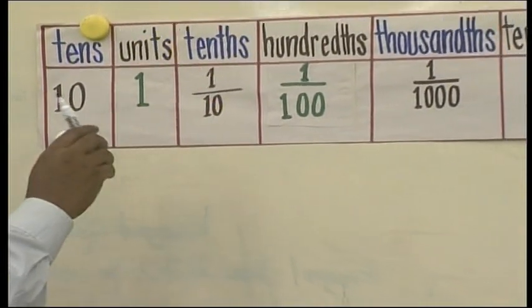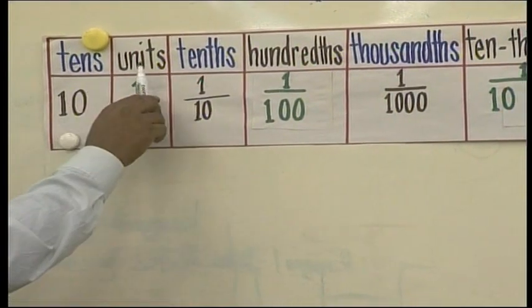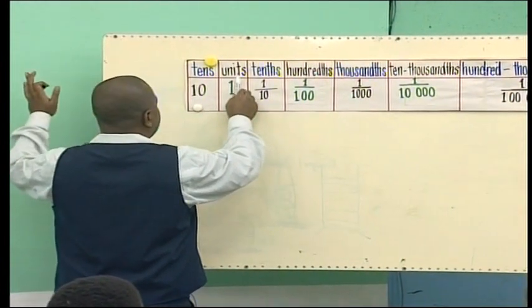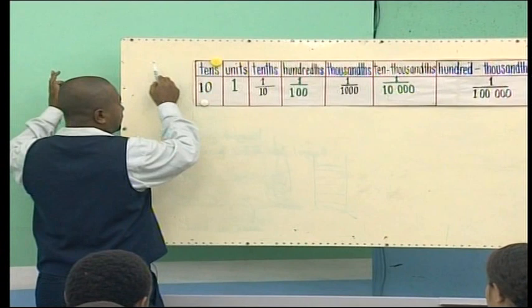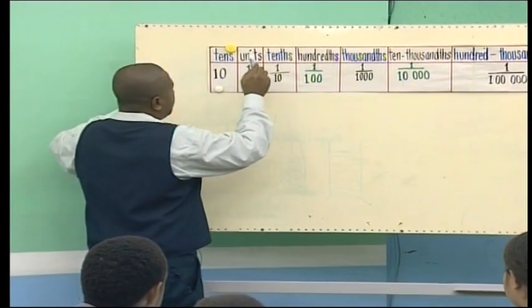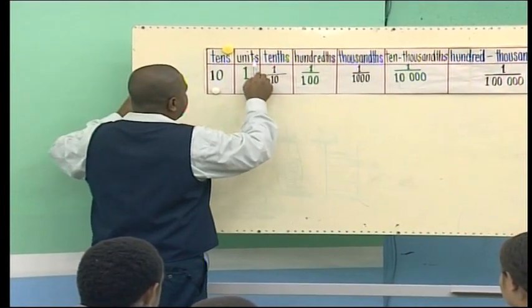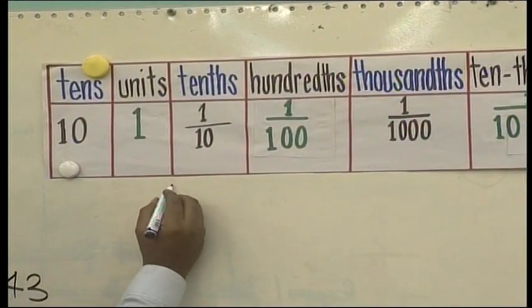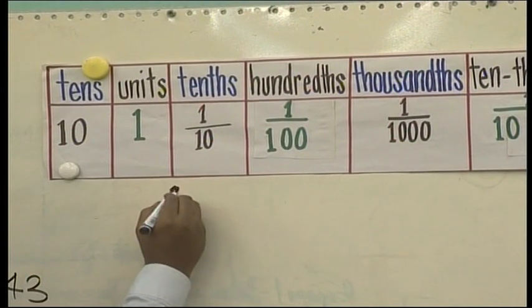We're going to place this number under each of the columns in the place value chart. The place values start from where it says units. When you go to your left, units, tens, and it goes up, hundreds, thousands. The units and the tens are separated by a decimal point.